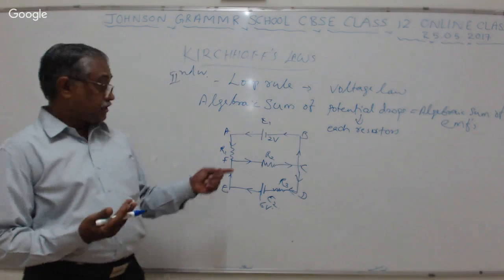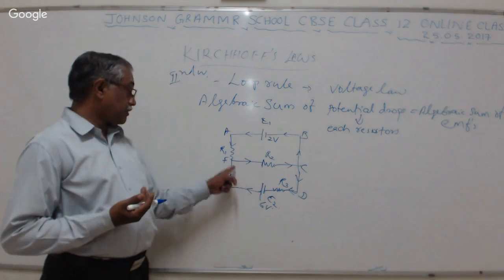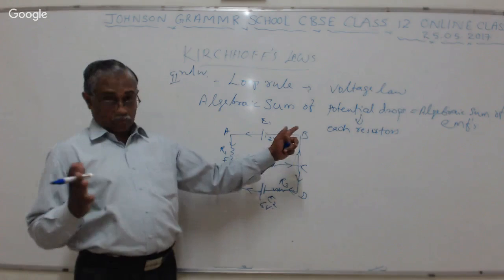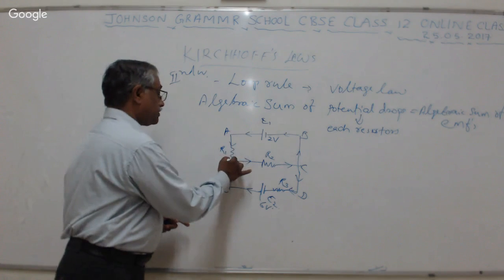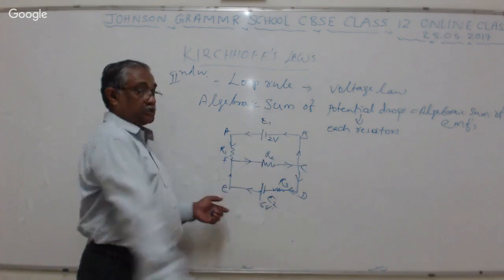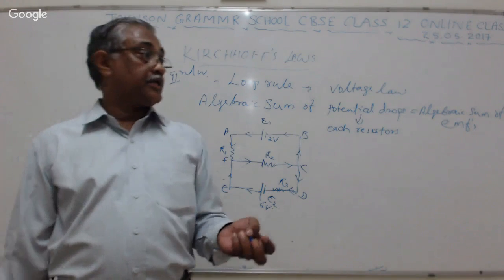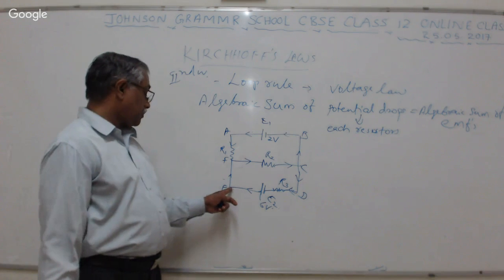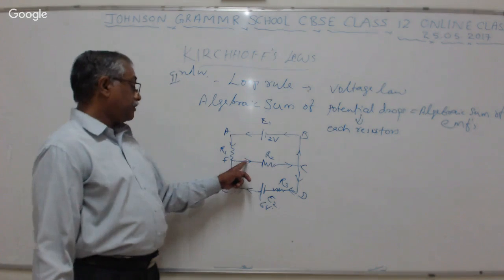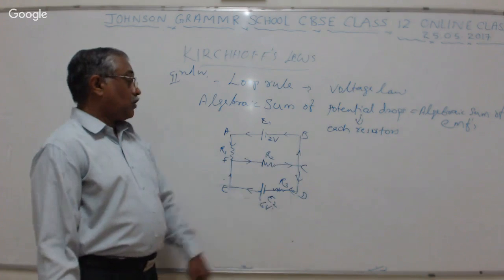We can assume that the current is going this way and coming this way also. There is nothing wrong in it. If the current is going into the junction, coming here and going this side, there is nothing wrong. You can take your own direction. The 6 volt cell provides current here and it goes through this.